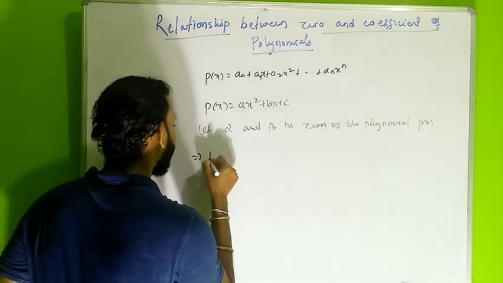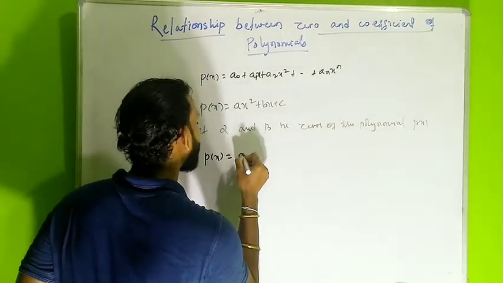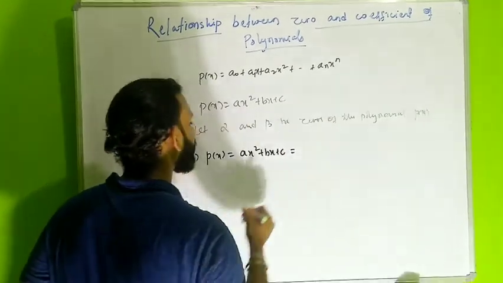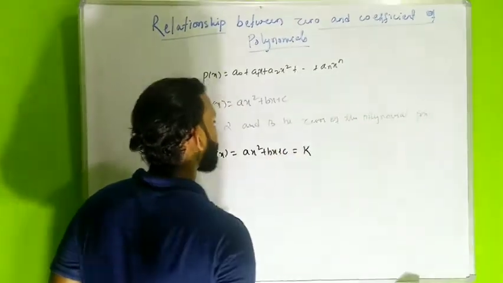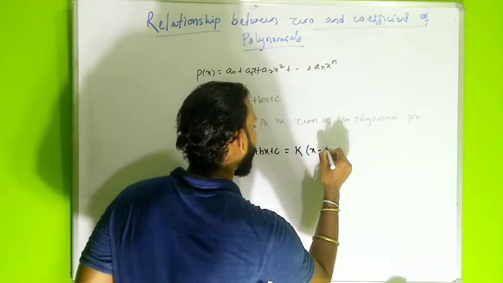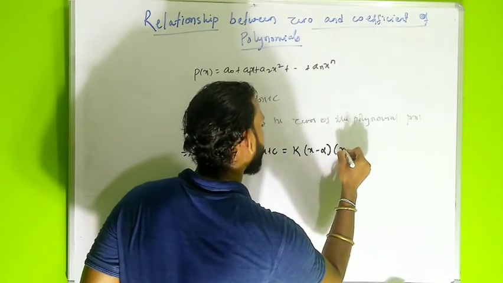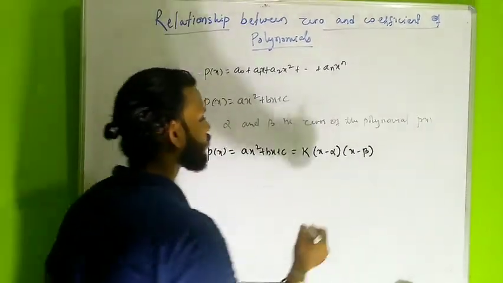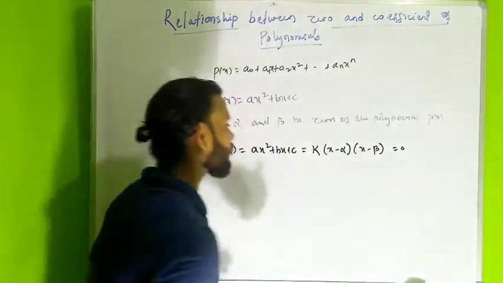That implies I can write p of x equals ax square plus bx plus c, which is equal to a constant k whole into x minus alpha into x minus beta, and that will be equal to 0.